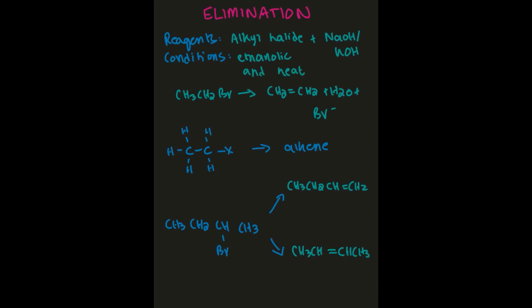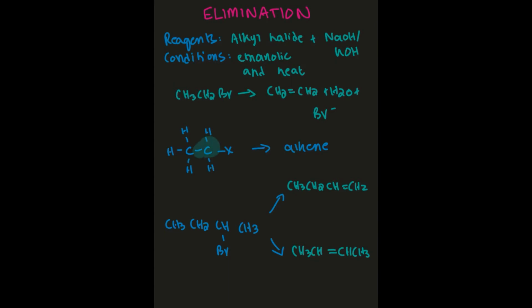The mechanism for this reaction is not in the syllabus, but what you need to know is that you get the corresponding alkene. In this case, since you have a 2-carbon alkyl halide, you are going to get a 2-carbon alkene. The way to figure out what alkene is formed is to first mark the carbon atom that is attached to the halogen.